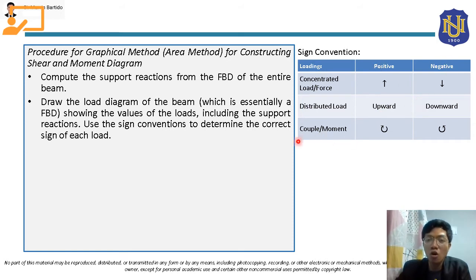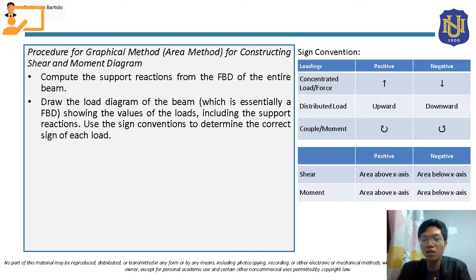Now, class, for couples and moments, this is for plotting moments in the moment diagram. Couples or moments that are clockwise are positive, and couples or moments that are counterclockwise will be negative.